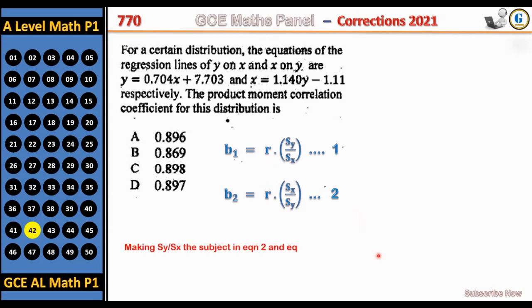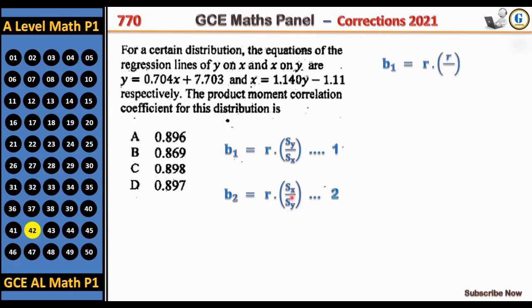So now making sy on sx the subject in equation 2 and substituting in equation 1, we will have b1 equal to r dot... When we make sy on sx the subject of the formula, we'll have it equal to r on b2. So we substitute here, we have equation 3, and we can put in our values and simplify.